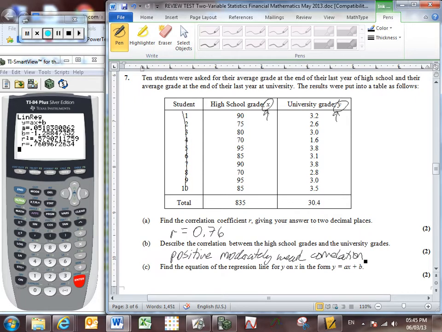Find the equation of the regression line. Well, that's given to us in the linreg. y equals ax plus b. So a is equal to 0.051838. No harm in including additional decimal places.